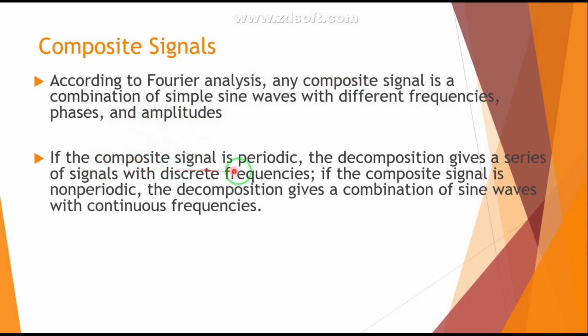And if the composite signal is periodic, then the decomposition gives a series of signals with discrete frequencies. And if the composite signal is non-periodic, then the decomposition gives a combination of sine waves with continuous frequency. So it is one of the most important things that is being told. So please consider this.